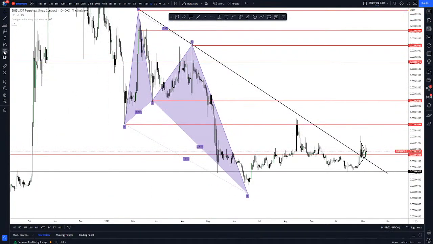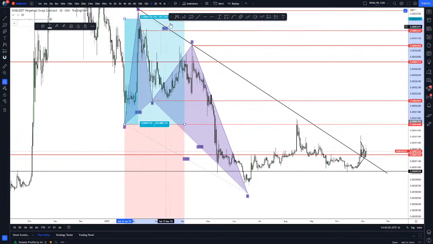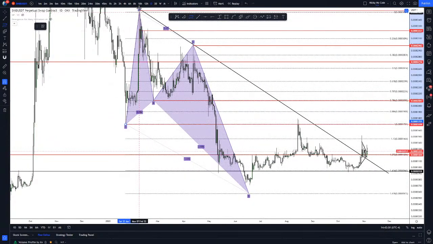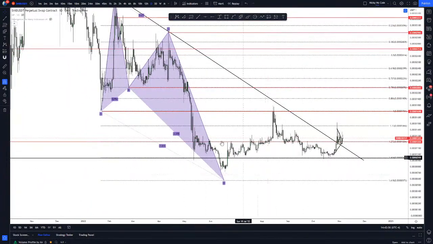You'd have fibbed high to low here. Oh, that's not a fib. Low to high, sorry, to get the retracement tool. This would have been your buy zone for SHIB as a potential reversal zone, and you got in here. Anything in there is amazing.